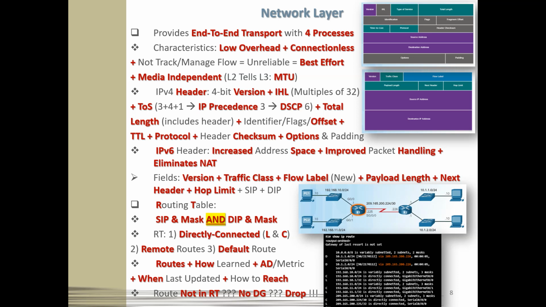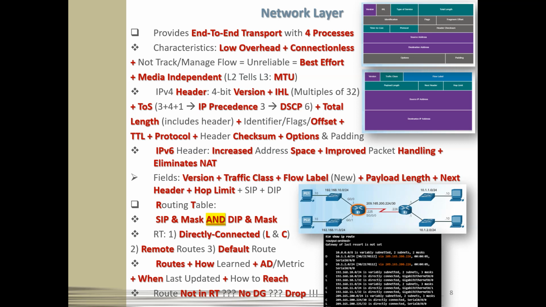One is shown with C, another is represented by L. C identifies that the network is directly connected and the interface is configured with an IP address and activated with the no shutdown command. L, on the other hand, identifies that it is a local interface. So C for directly connected and L for local interface.